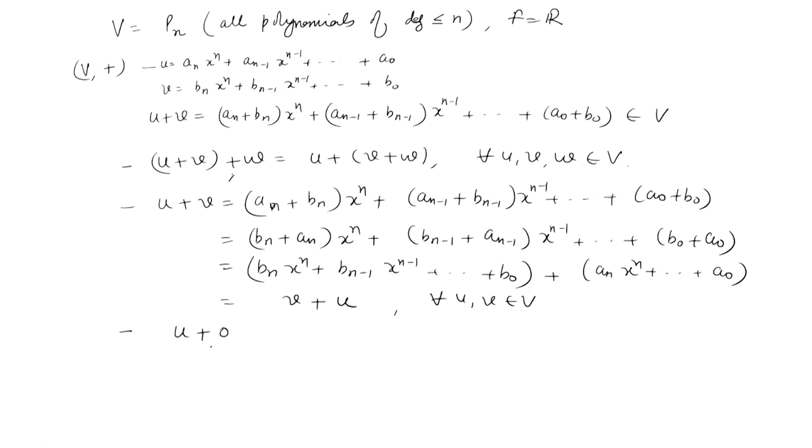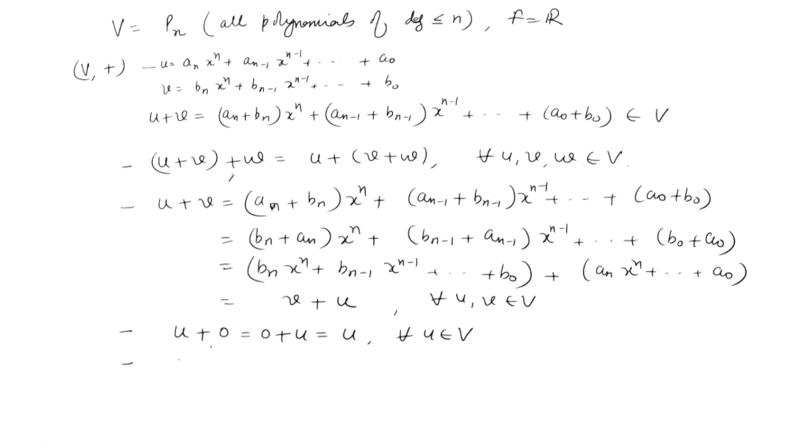Now the identity element is the 0 polynomial. If you take u plus 0, it will be 0 plus u equal to u for every u in V. And the inverse of any u is minus u.